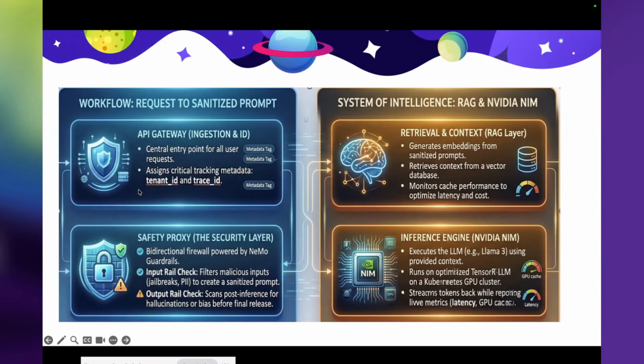Instead of asking the model to control itself, which is actually a classic anti-pattern, we use guardrails as a filter before and after the AI. By making this bi-directional, we also try to stop jailbreaks and filter PII before it even reaches our expensive GPU clusters.